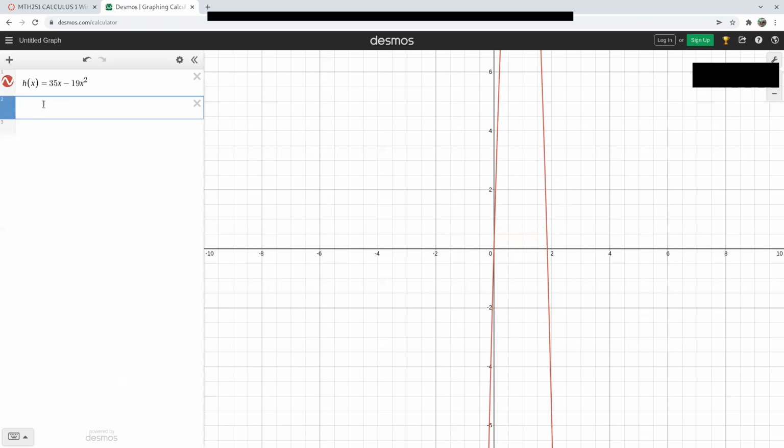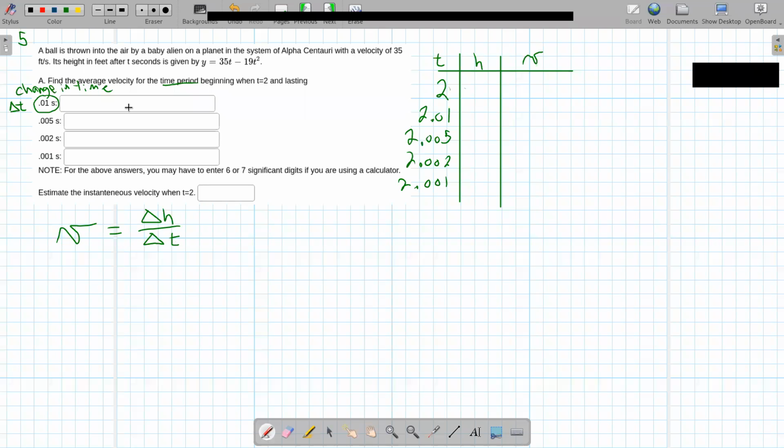Now, I don't actually really care about the heights. I just want the slopes, right? So the problem I have here is just asking me to find the average velocity, which is my slope here. So that means I'm going to use my function h. I'm going to plug in my time 2 minus h, and time 1 is always 2.